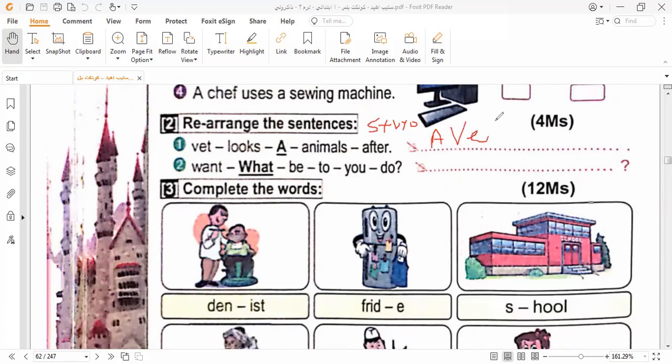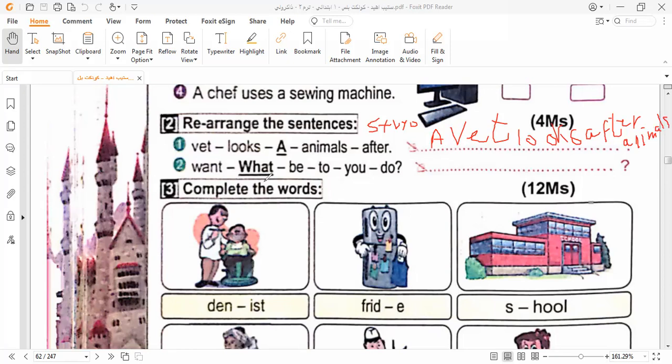What is the verb doing? Which verb? Looks. Looks after animals.